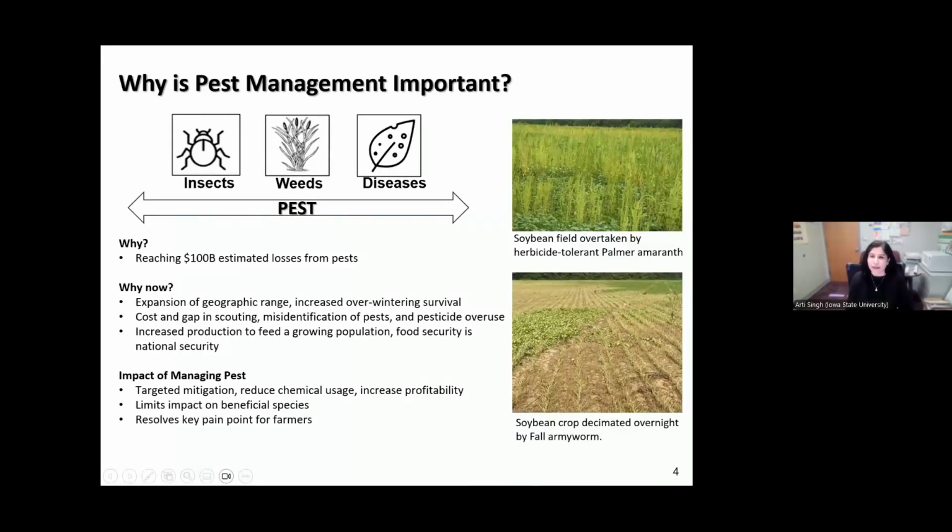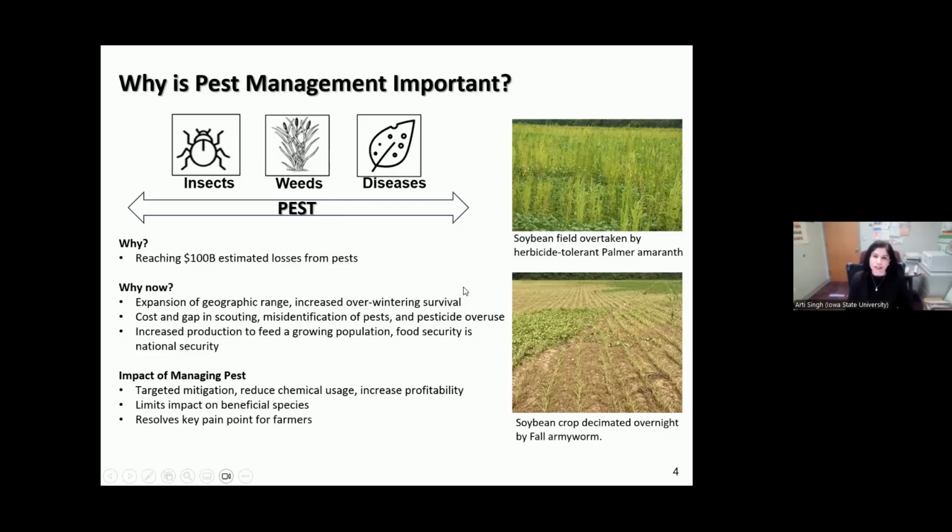These are routine problems which our farmers and landowners are facing every season. And when it comes to losses, if we leave these pests, insects, weeds, diseases uncontrolled, they can cause billions of dollars of losses. So this is important in terms of the losses it can cause to agriculture.